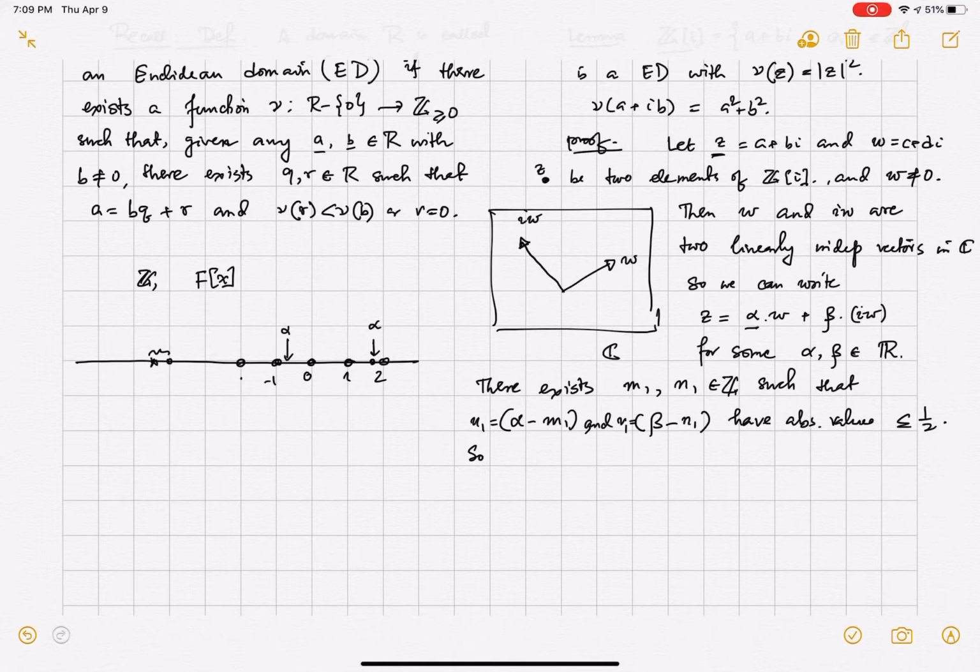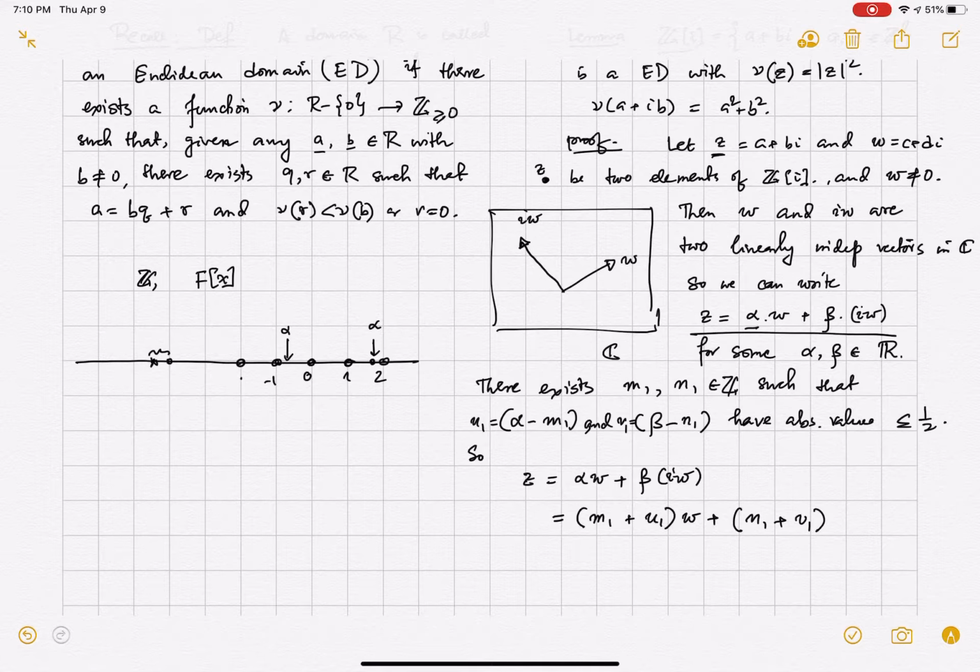Now your z is alpha w plus beta times iw, right? So that is the same as, alpha you see is u1 plus m1. So m1 is the integer part and u1 is the fractional part of this alpha. And similarly beta is n1 plus v1.